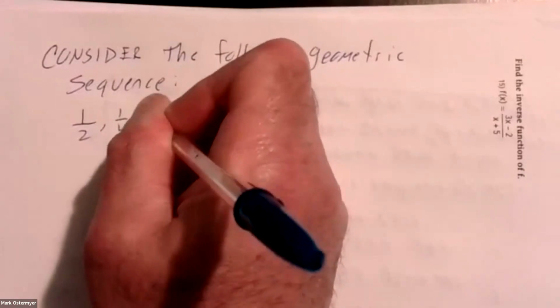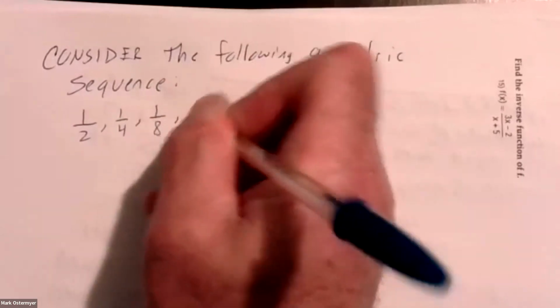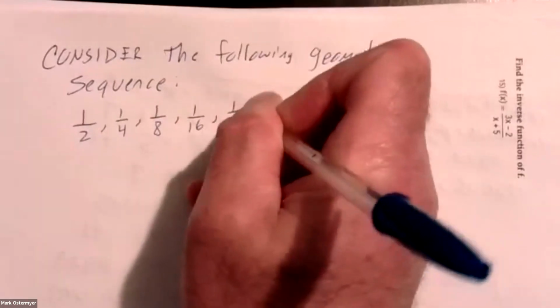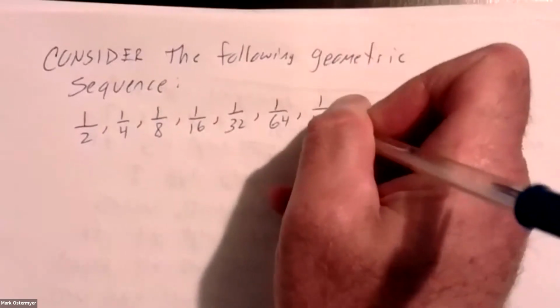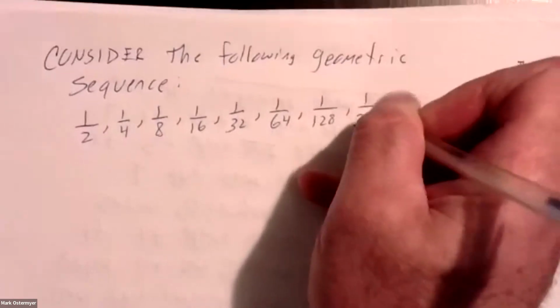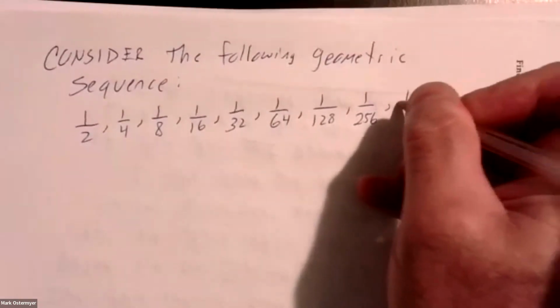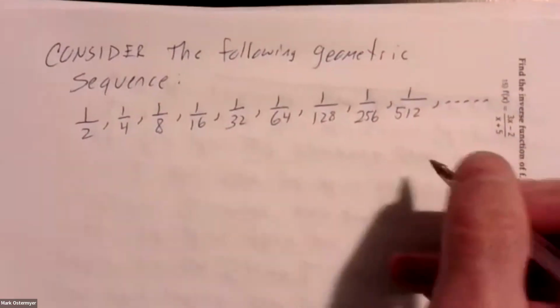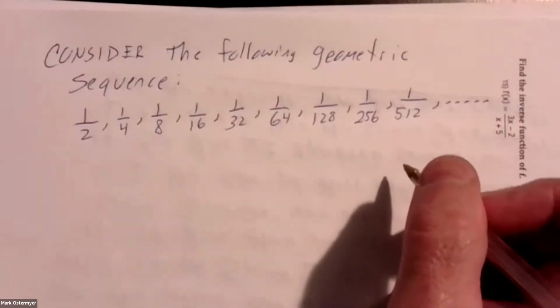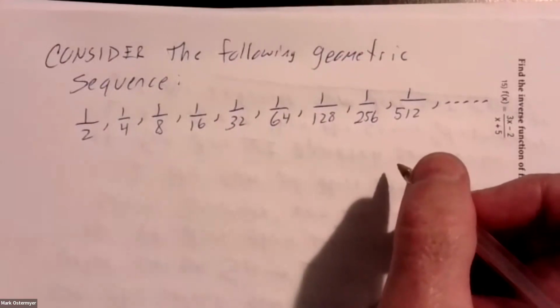And this is the geometric sequence: 1/2, 1/4, 1/8, 1/16, 1/32, 1/64, 1/128, 1/256, 1/512, etc., etc., etc. So this is an infinite geometric sequence.